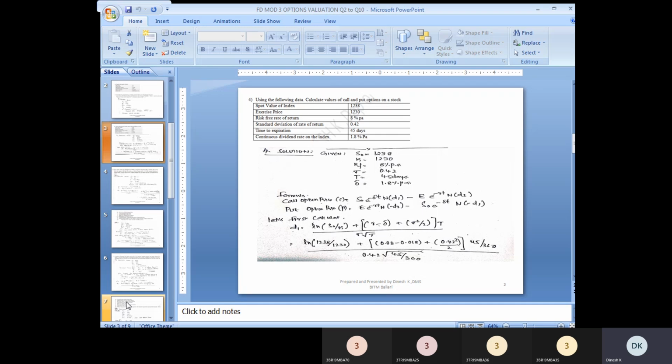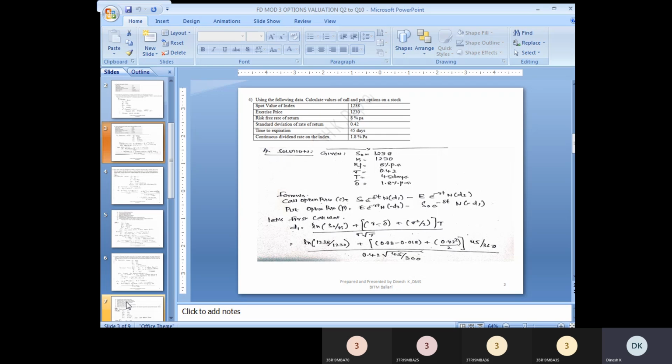Then you multiply by the N(d1) value. N(d1) value is 0.5753, sir. Okay. After this, simplifying, you have a minus sign.